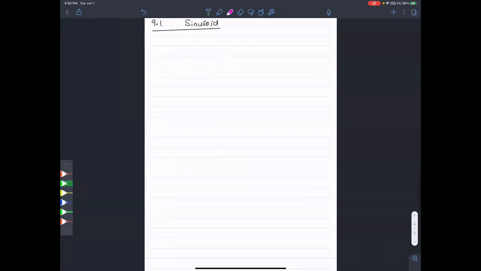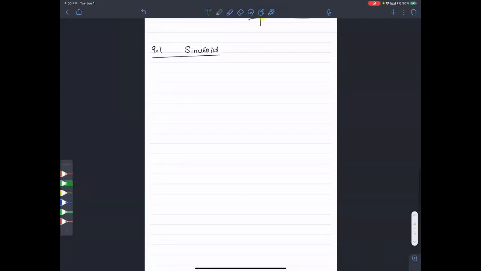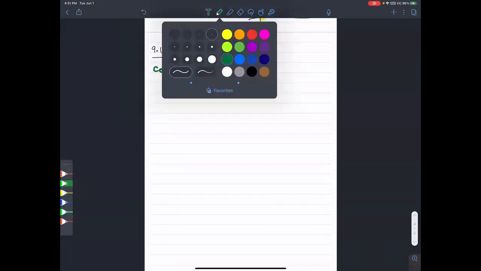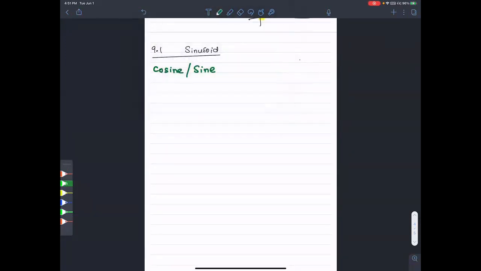All right. So like I mentioned, sinusoid, it could be cosine or sine. It's a representative wave. It's a stand-in used as a representative or stand-in for a lot of real world signals.